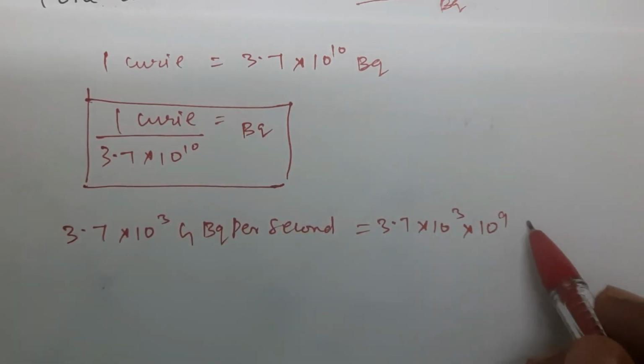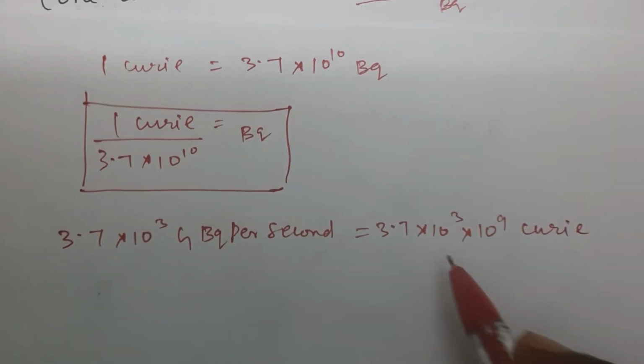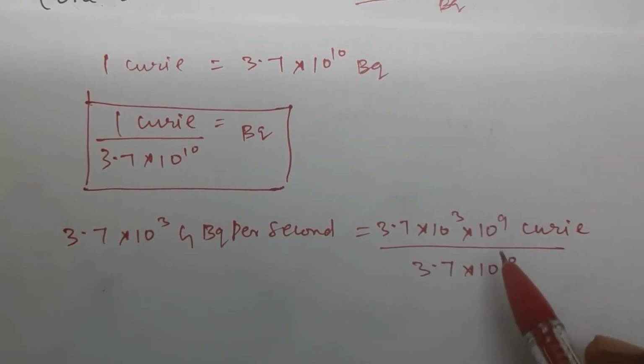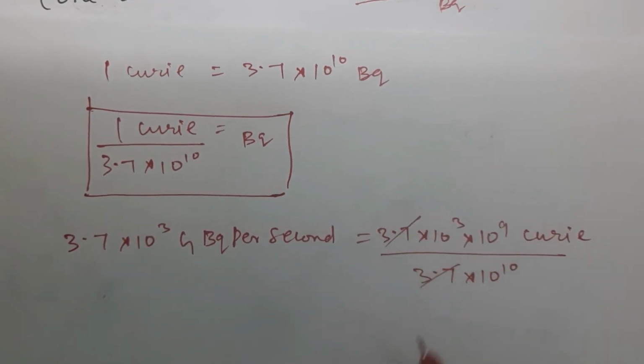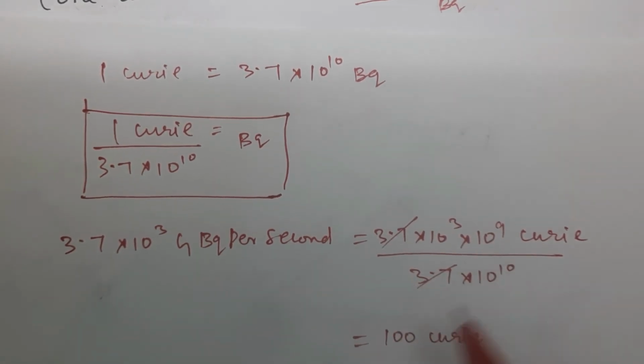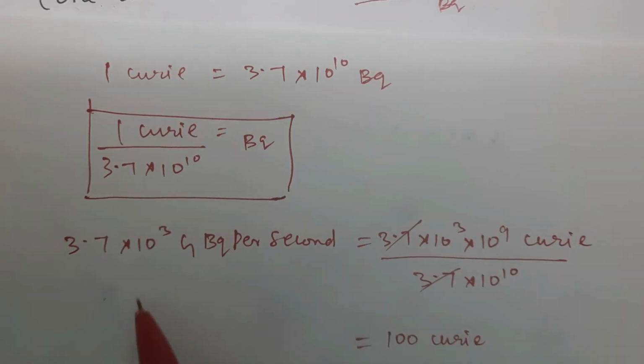Becquerel value Curie by 3.7 × 10^10. This 3.7 is going to be cancelled. Now this 10^10 and this 10^12 in the numerator, if we simplify we will get 100 Curie. So the equivalent value for 3.7 × 10^3 gigabecquerel per second is 100 Curie.